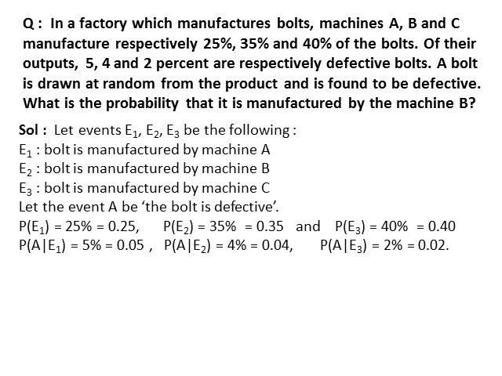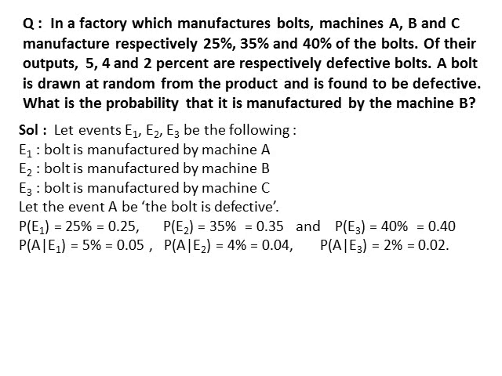Also, P(A given E3) equals the probability that the bolt drawn is defective given that the bolt is manufactured by machine C, equals 2% equals 2 by 100, which equals 0.02.